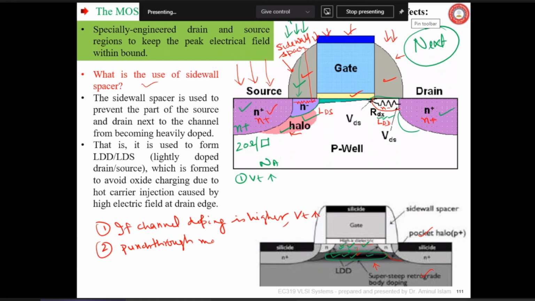Punch through may be prevented. Okay. But you cannot put higher concentration underneath the source in this region.